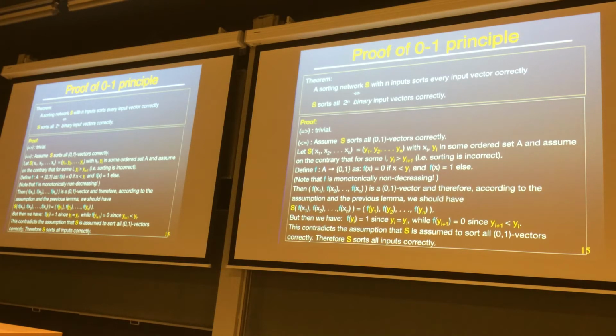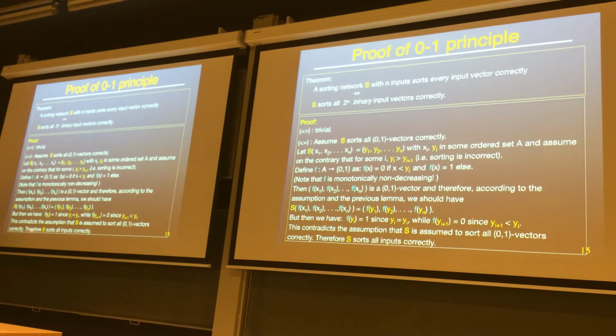So our assumption that S sorts all 0, 1 vectors correctly is now contradicted. Why was it contradicted? Because we assumed that in applying the sorting network on an arbitrary vector, we would make an error. So this shows that if you assume that all 0, 1 vectors are sorted correctly, then you have to sort all input vectors correctly.